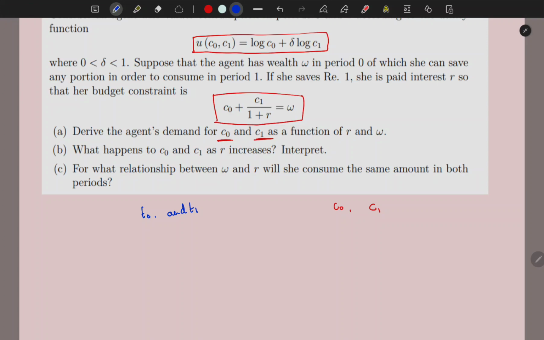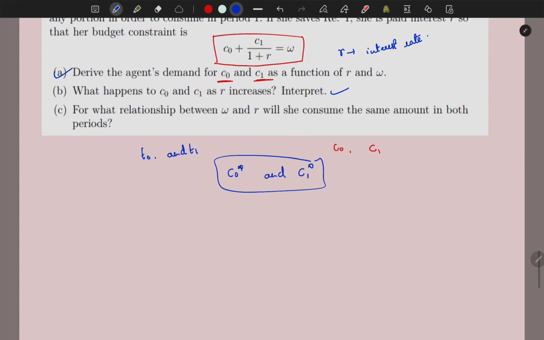They are asking us to find C0 star and C1 star in the first question, and in the next question they are asking how these are related to the interest rate. It's basically comparative statics.